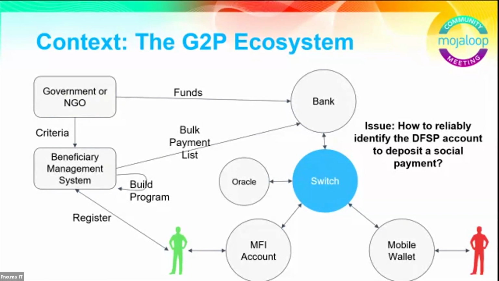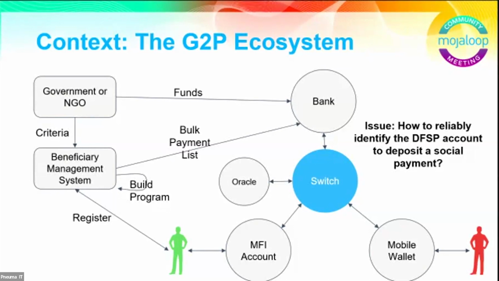In it, you register people, our little green person down at the bottom and the red person on the right, and you collect a whole bunch of data about them: demographic details, size of families, age, gender, income, etc. And you take that registration database and the criteria supplied by the government, and from that build a list of who is to be paid and how often.